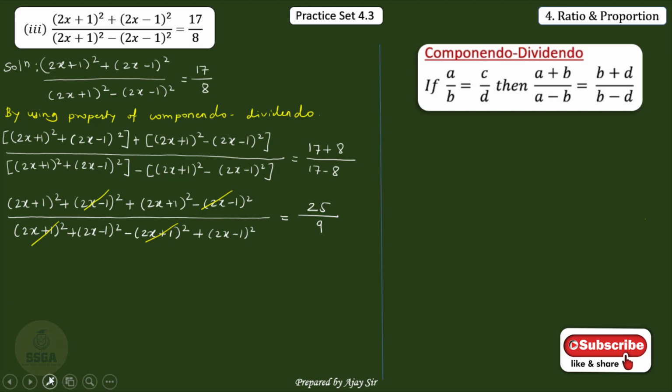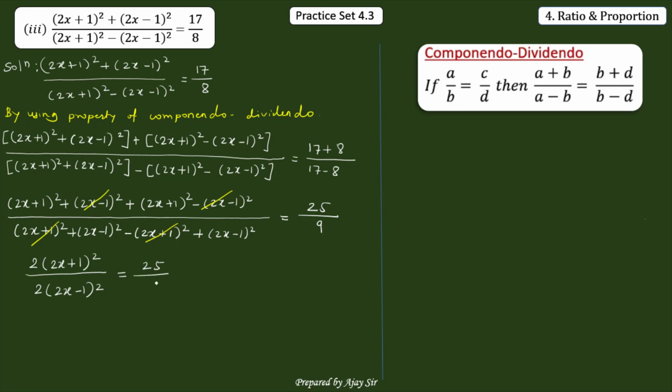So let us add the numerator. What is the numerator? We add those terms: 2 into (2x plus 1) bracket square, divided by 2 into (2x minus 1) bracket square, is equal to 25 upon 9. Now this 2 and this 2 get cancelled.